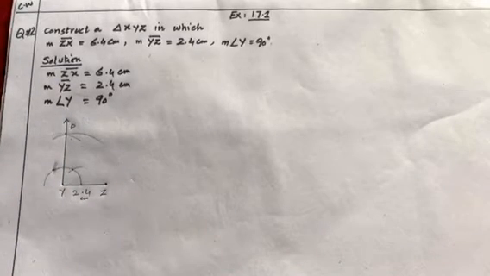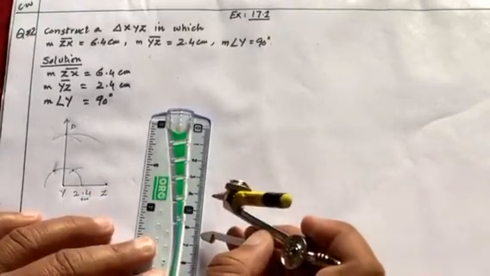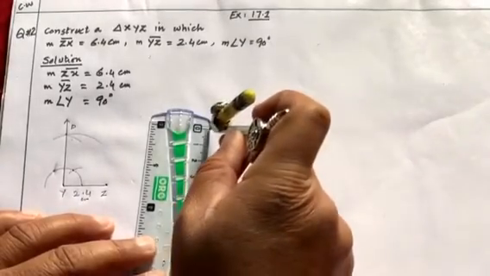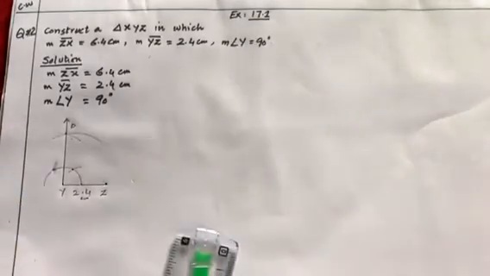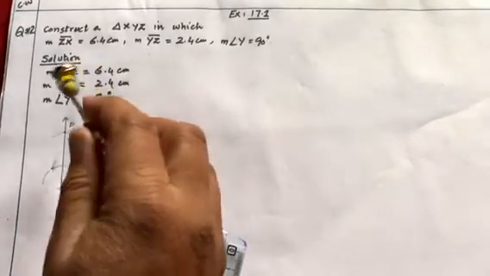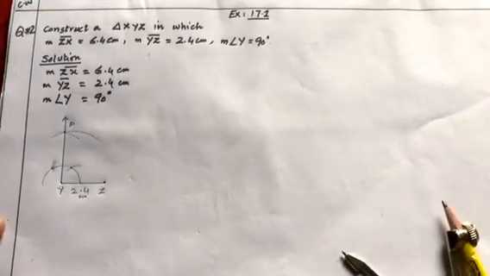Now we will take our compass and open it to 6.4 centimeter and take Z as the center. We will draw the arc.